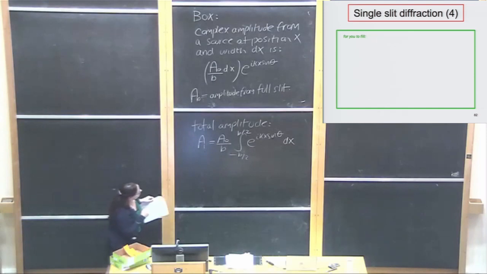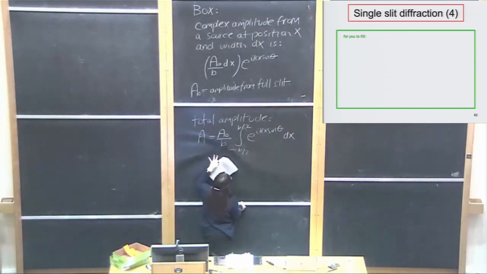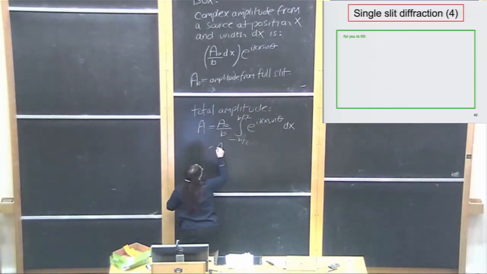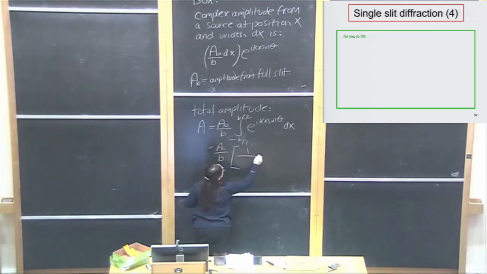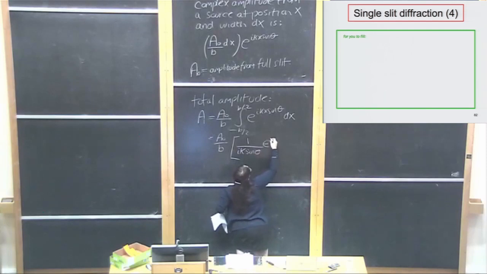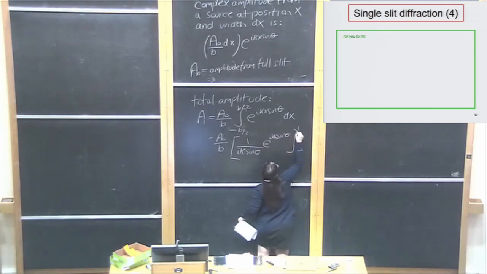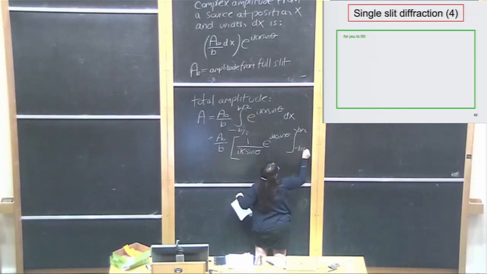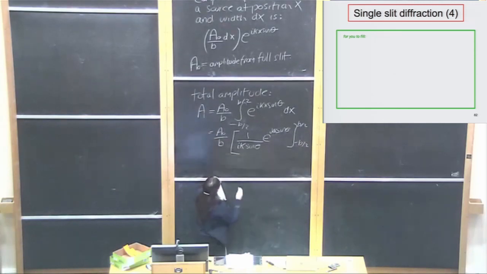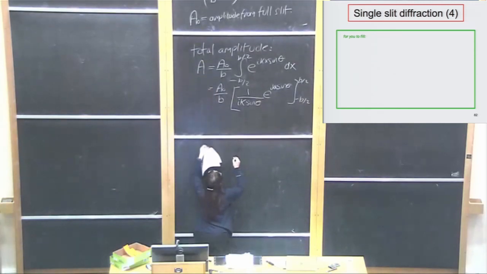Okay, so that's the integral we want to do. A naught over b, so I've got 1 over i k sine theta, e to the i k x sine theta, from minus b over 2 to b over 2. Let's do that.